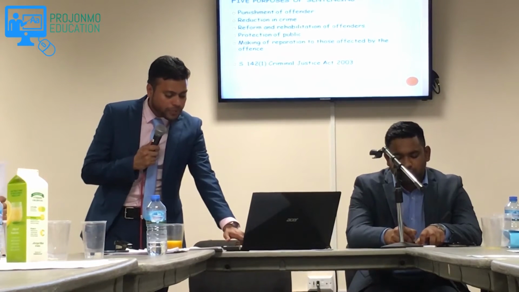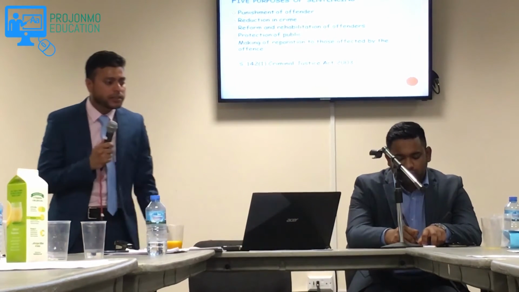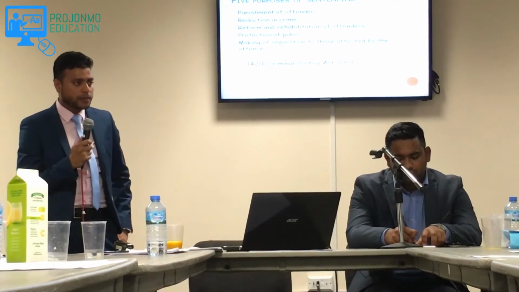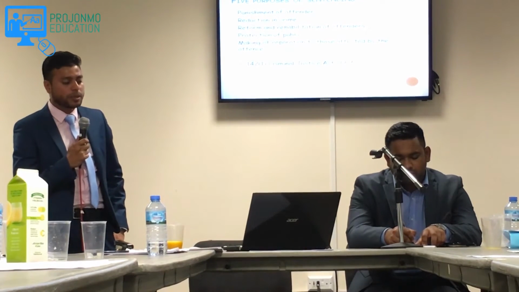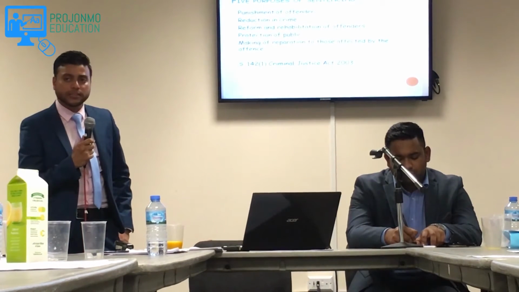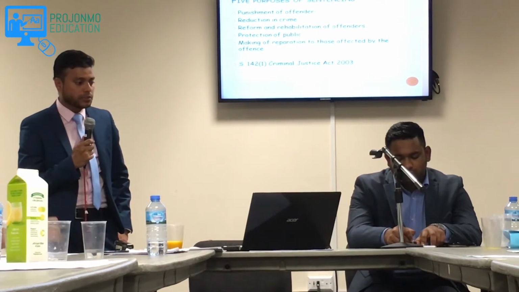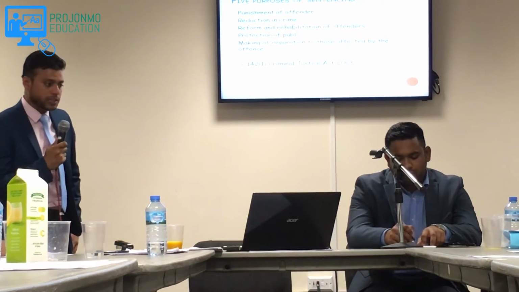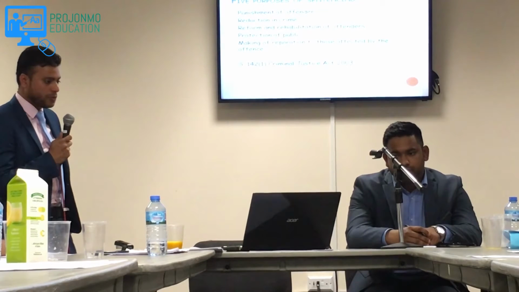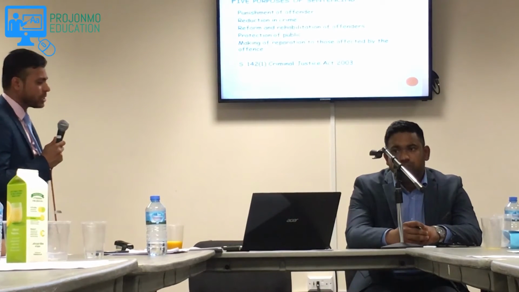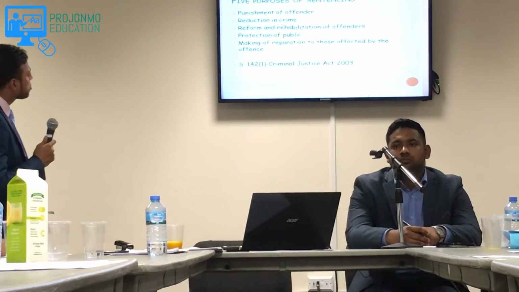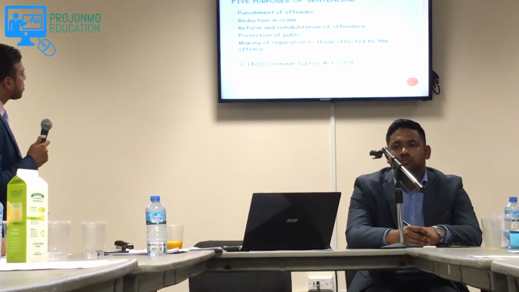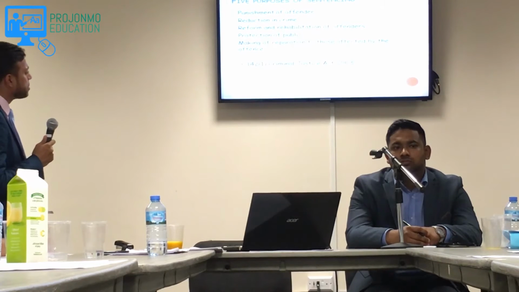Now, why do we need a criminal justice system? Ultimate purpose is to put sentence if somebody is found guilty. So there are at least 5 different purposes of sentencing: punishment of offenders, reduction in crime, reform and rehabilitation of offenders, protection of public, making of reparation to those affected by the offence.